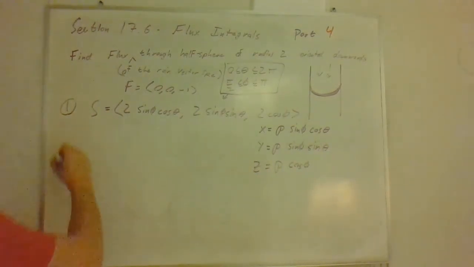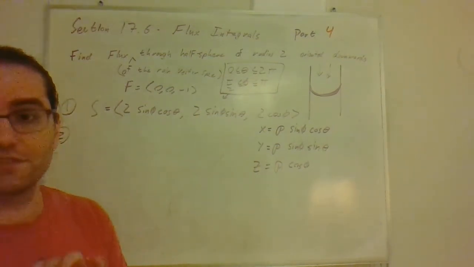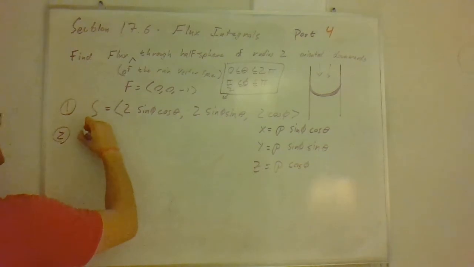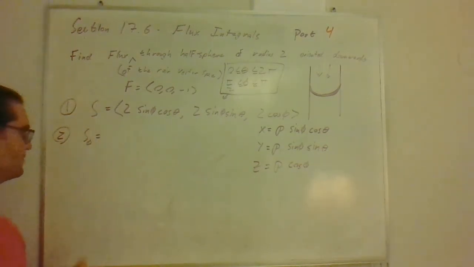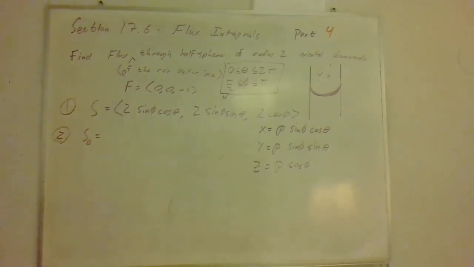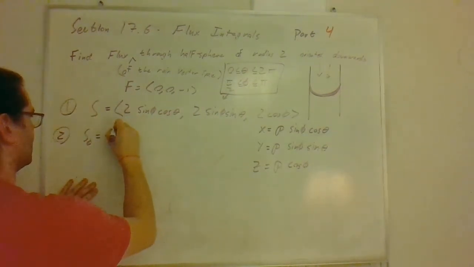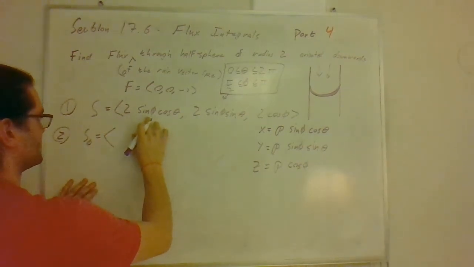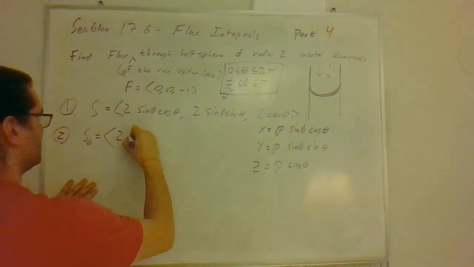We need to take derivatives of this, and then we need to take the cross product of those derivatives. So I need the derivative with respect to phi. We'll start with phi. Derivative of this with respect to phi: sine of phi is going to turn into cosine of phi. Theta will remain unchanged.